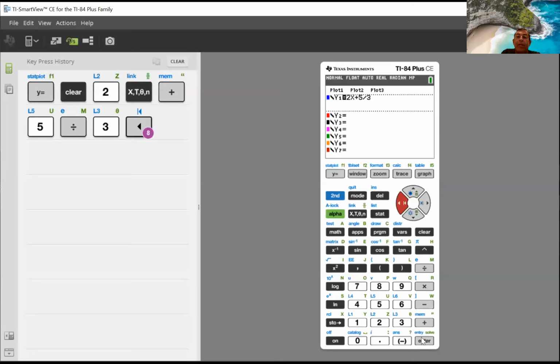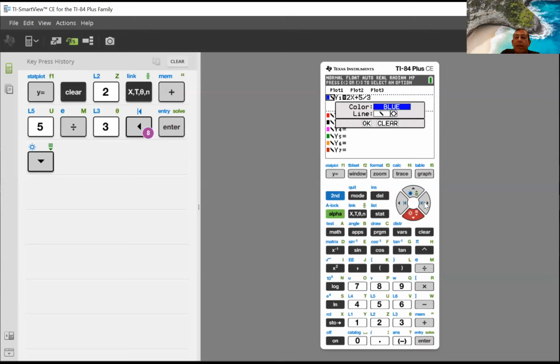On these newer calculators, you hit enter. And remember, it tells you what color you want to shade. So I'm going to keep mine blue. But go down to the line and arrow right until you get this triangle right here for less than. So I'm going to go back. This triangle is greater than because it's bigger on top.